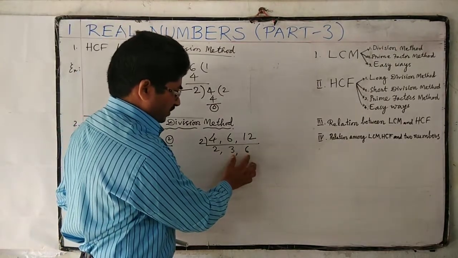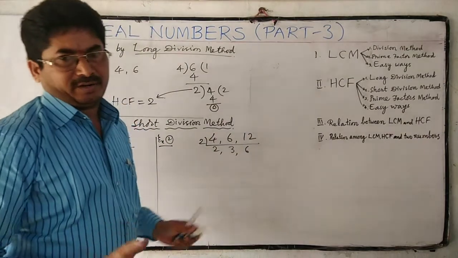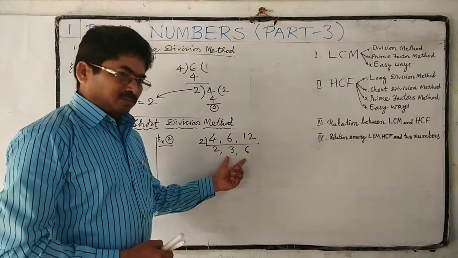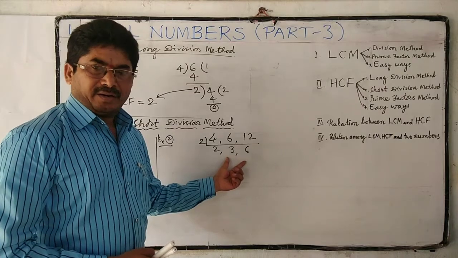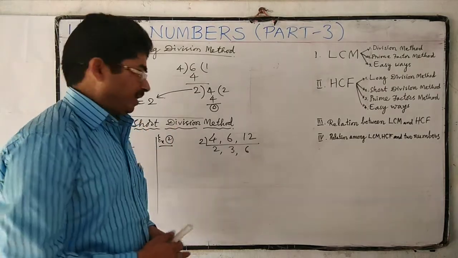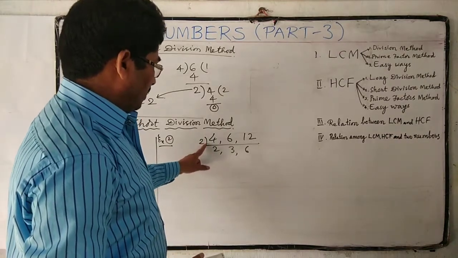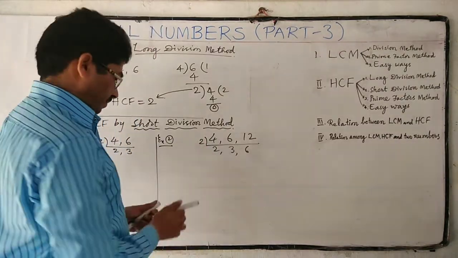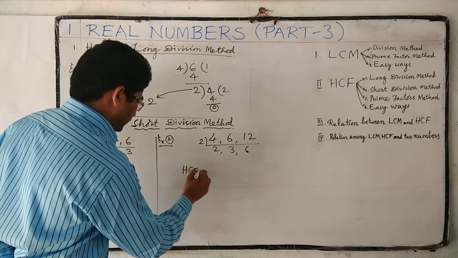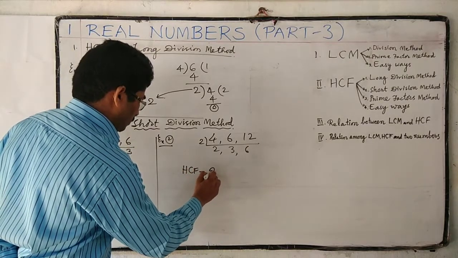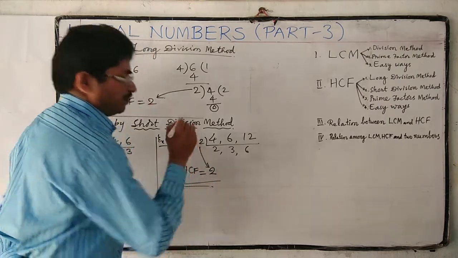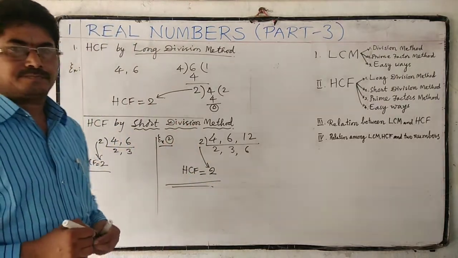For these two numbers 3 is common, but we don't take it. The given numbers must all be divisible by the number we take, and then we take only that divisor. The HCF of these numbers is also 2 only. This is the short division method.